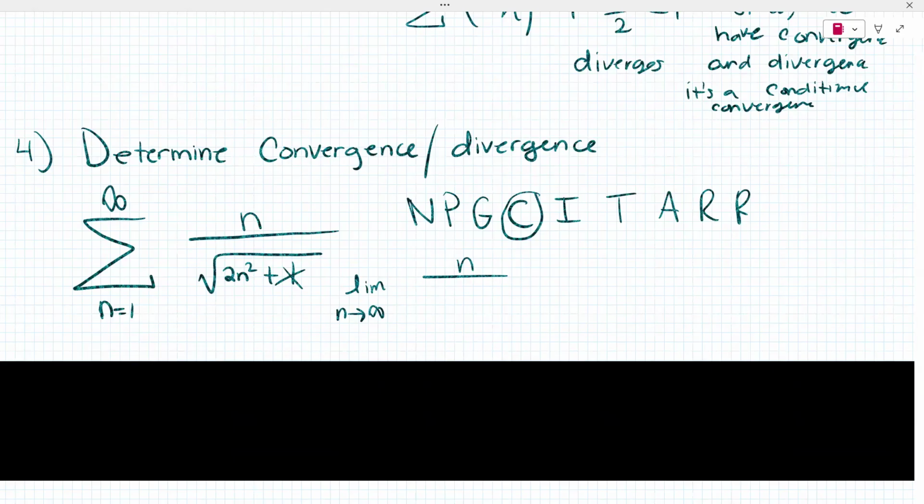That's the same thing as the square root of 2, which is 2 to the 1/2. The square root of n squared is n, right? So what you could do is take out this constant, 2 to the 1/2, which is the same thing as 1 over square root of 2 times 1 over n.